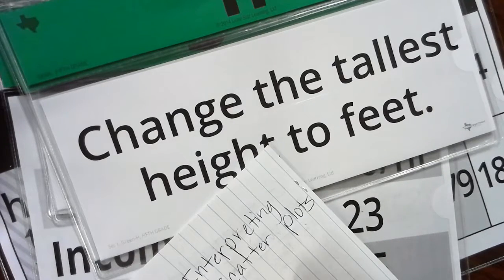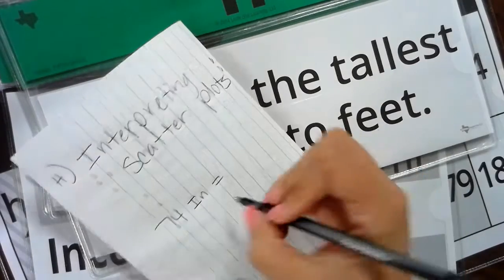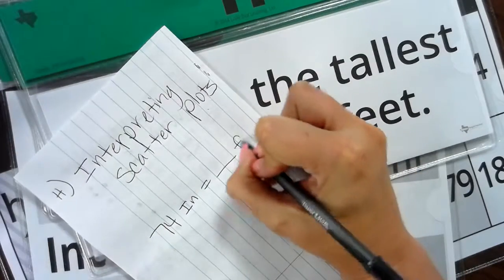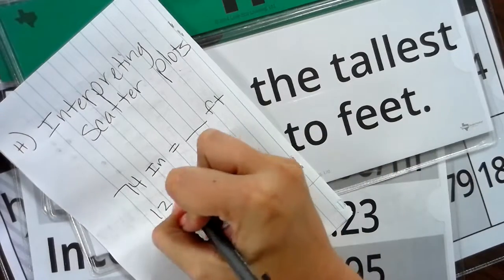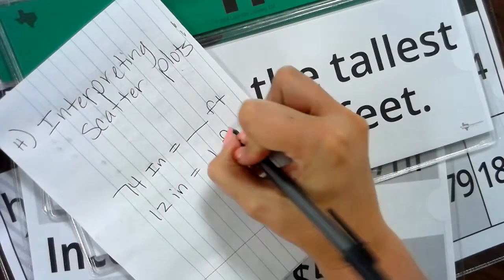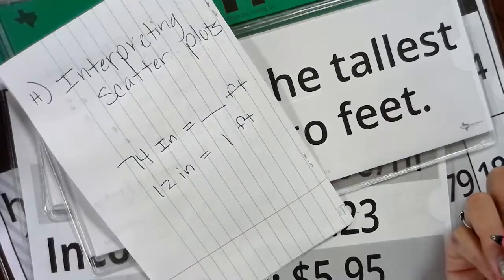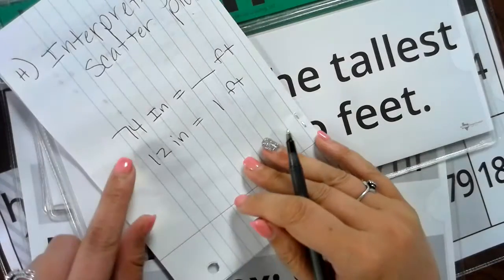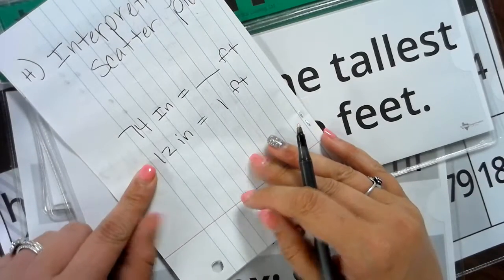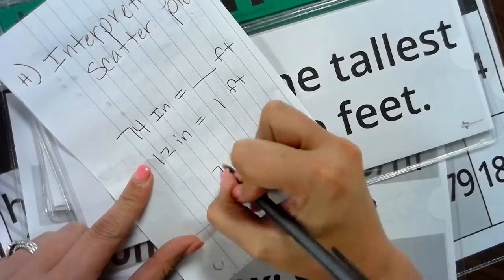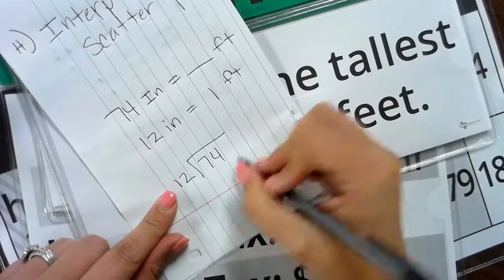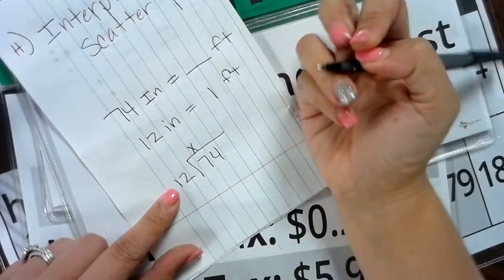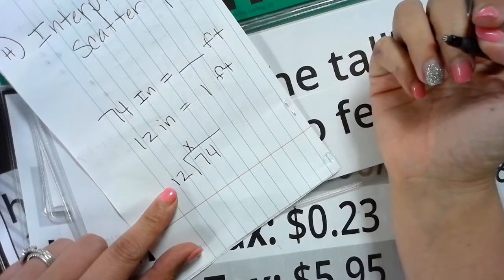Okay, so 74 inches equals how many feet? Well, I happen to know that 12 inches equals 1 foot. So I need to actually divide the 74 inches by 12 to figure out how many feet that is. So 74 divided by 12. 12 doesn't go into 7, but it goes into 74 how many times?